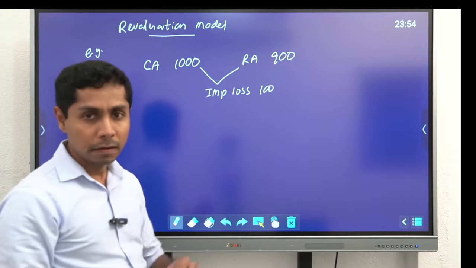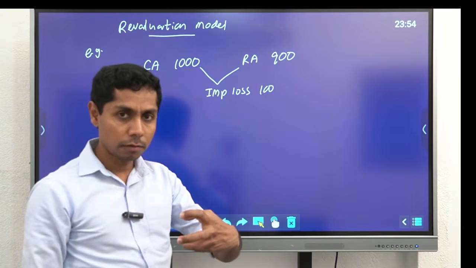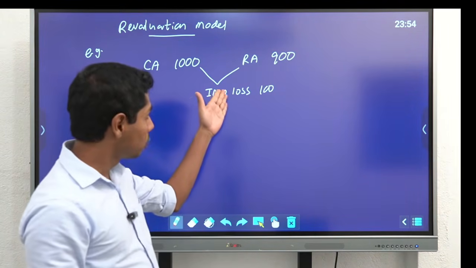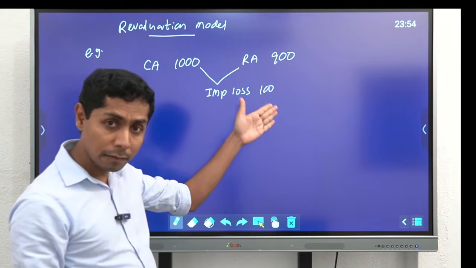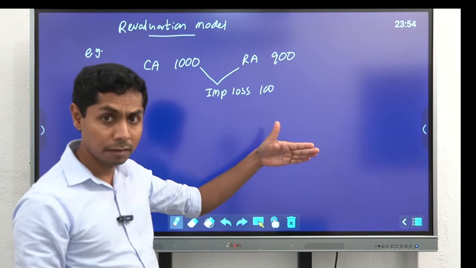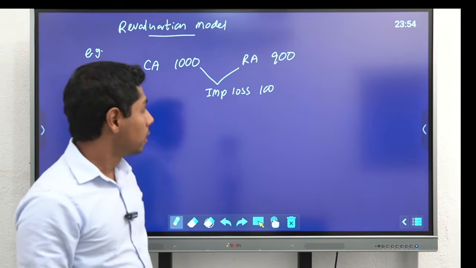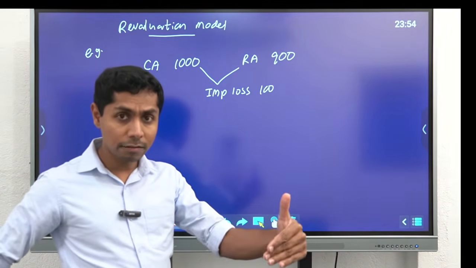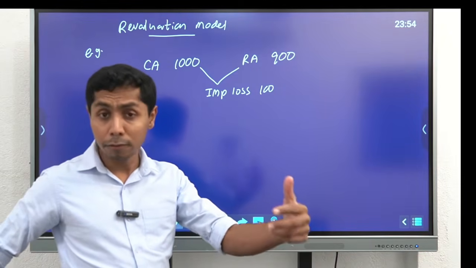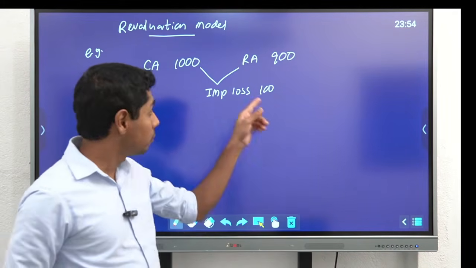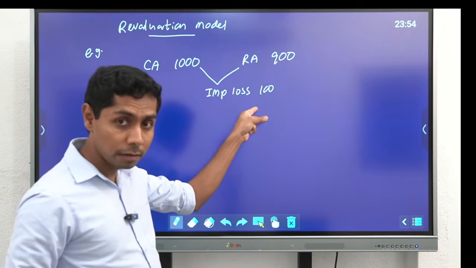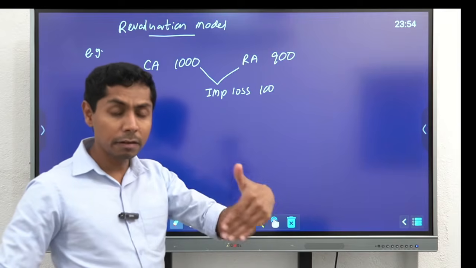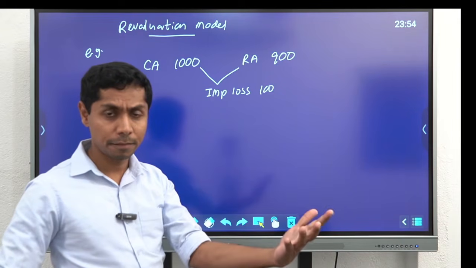Right? But we are in the revaluation model for the subsequent measurement of this asset, right? So impairment loss is treated as a revaluation deficit, right? Now they say there is a previously recognized revaluation surplus of 500,000. Now this 100,000 value decrease should be treated as a reversal of the previously recognized surplus.